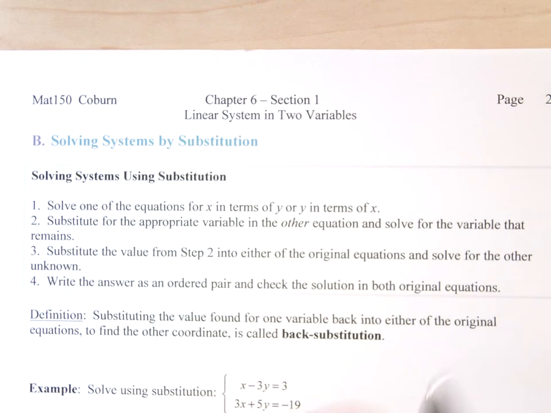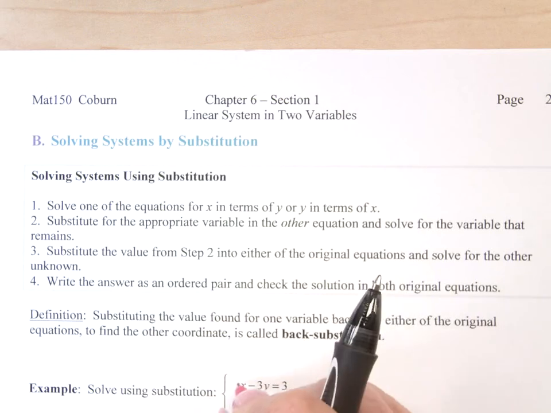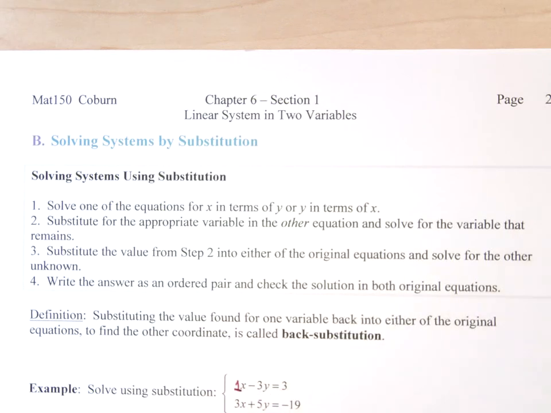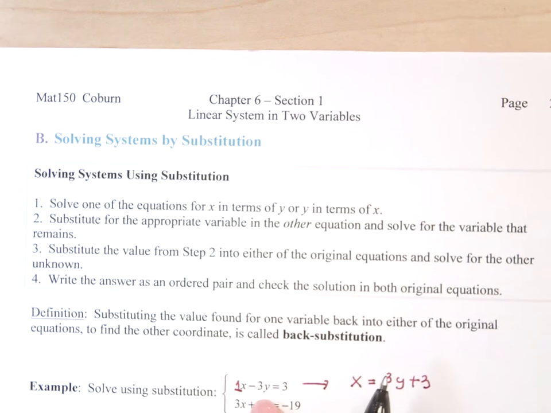Substitution would mean I take a look at these two equations. This x has a coefficient of 1. If I have to use substitution, I'm going to solve this first equation for x because it's easy. I wouldn't try any of the others. Well, you'd say, why?